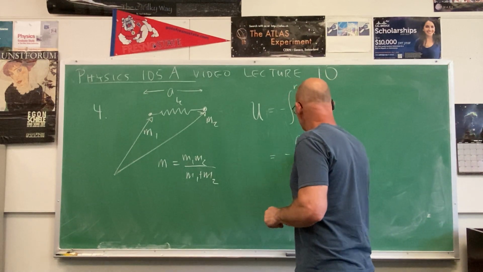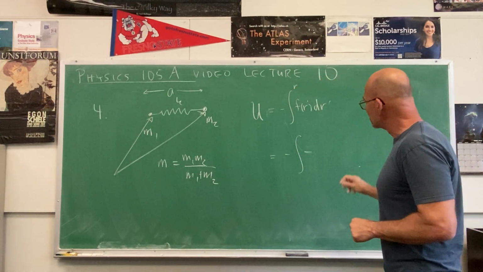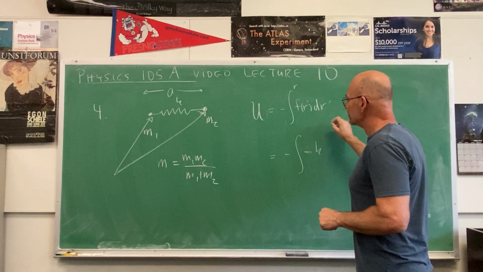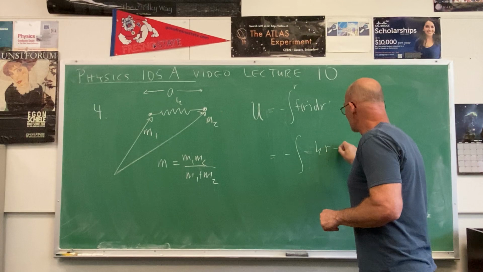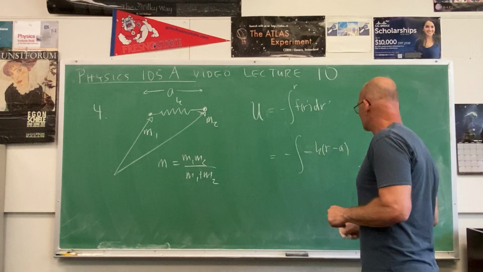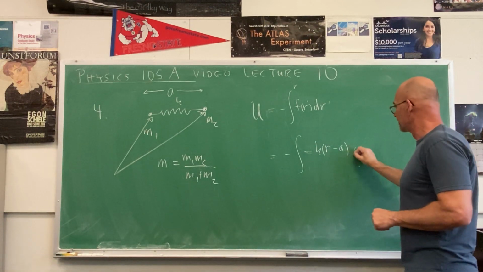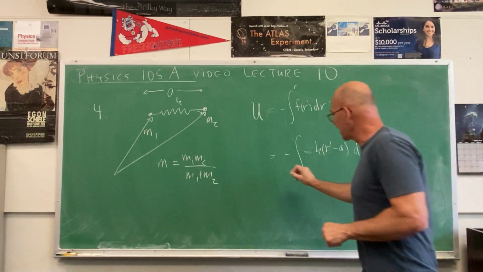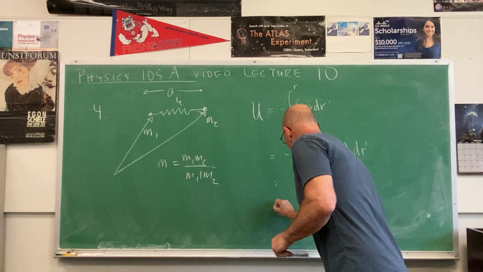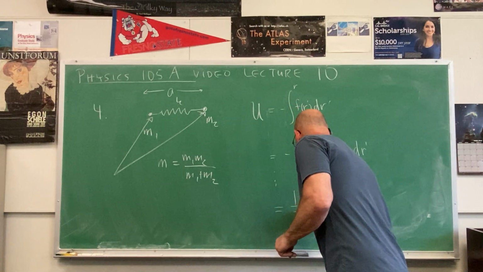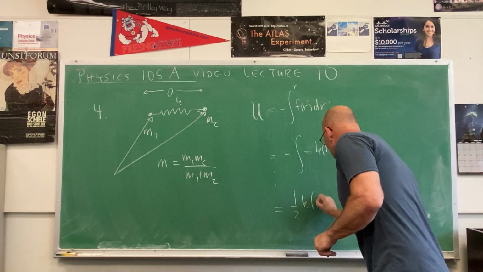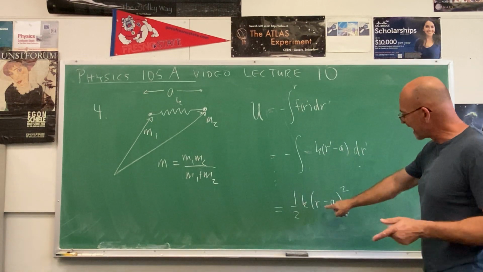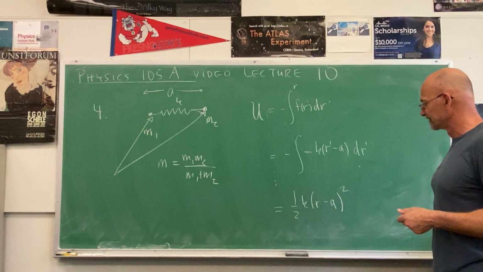Since we have a Hooke's law, we have minus, and then minus again, k (r minus a) dr. So what we're going to get is 1/2 k (r minus a) squared.